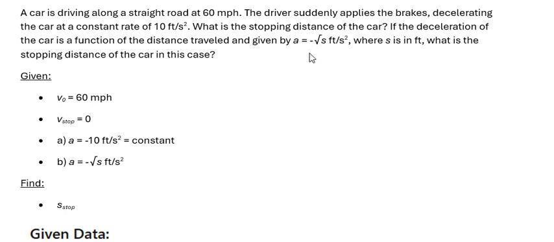So here you're given a relationship between the acceleration and the stopping distance. That's a position. Position means where you stop. Every time we think about a position, where's my drawing on the line? One moment, let me get this.